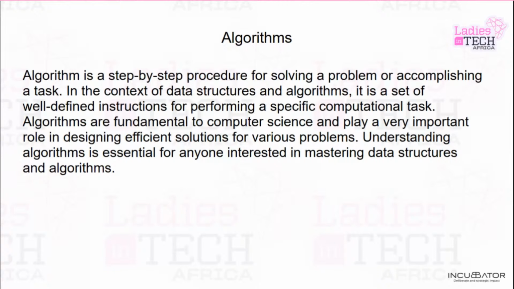In the context of data structure and algorithm, it is a set of well-defined instructions for performing a specific computational task. Algorithms are fundamental to computer science and play a very important role in designing efficient solutions for various problems. Understanding algorithm is essential for everyone interested in mastering data structure and algorithm.